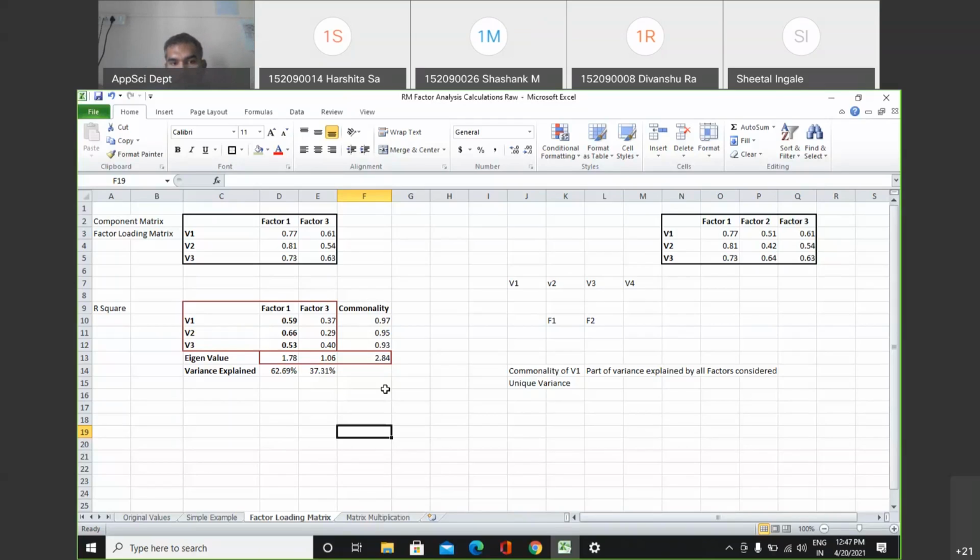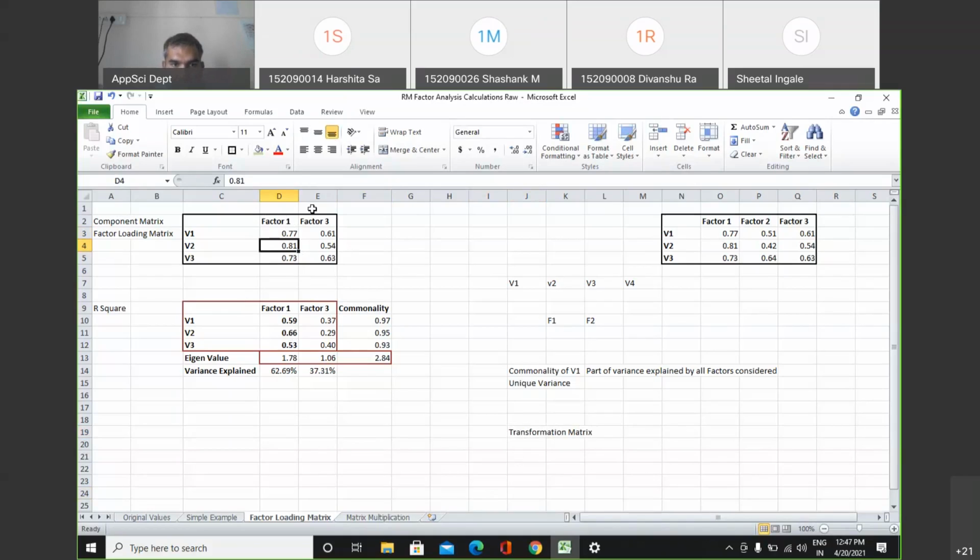Okay, so we can discuss the process of rotating a factor a little bit. For rotation, you need a matrix, right? So I'll very briefly explain the matrix. That matrix is called the transformation matrix. Actually, we'll be rotating this component matrix, not this one.